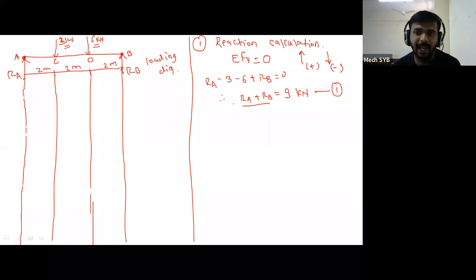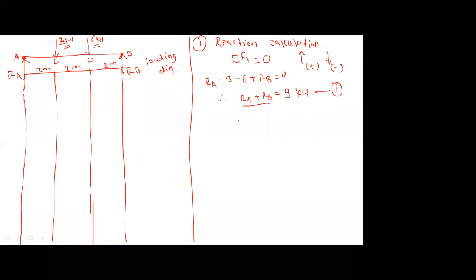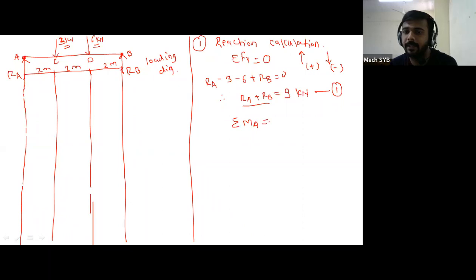We have to calculate RA and RB separately, but here two unknowns are there. So what is our next step? We have to take one moment at one point. Suppose I will take summation of MA is equal to 0. मी काय केलं? पॉइंट A ला जे काय मोमेंट आहेत that is equal to 0.